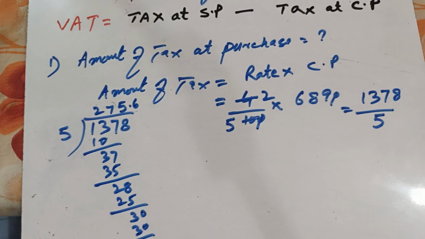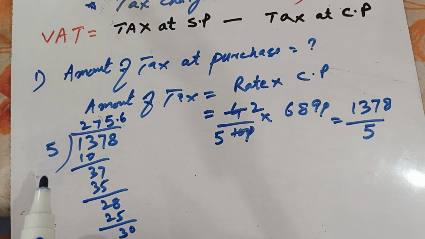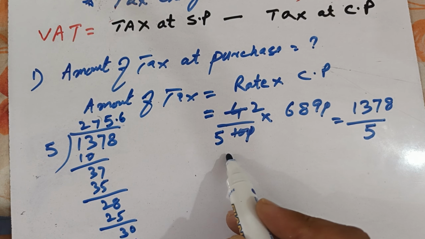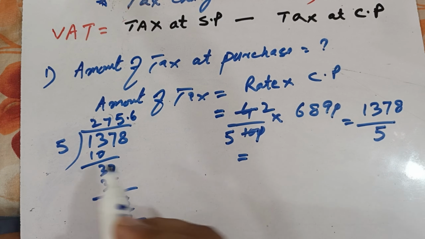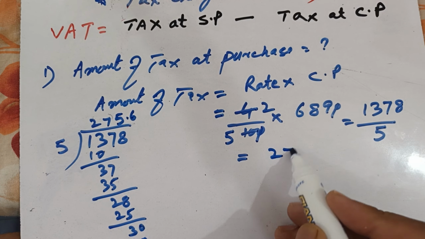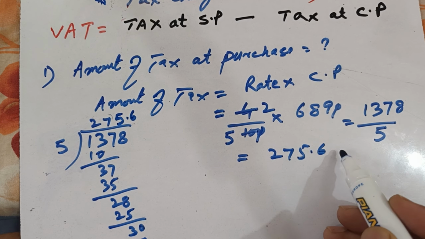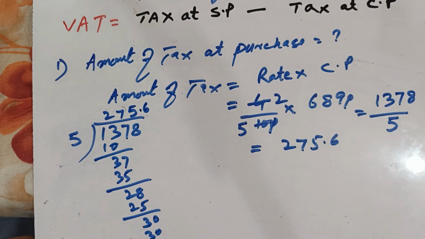So by dividing, we came to the point that this is 275.6. This is the amount of tax at purchase.